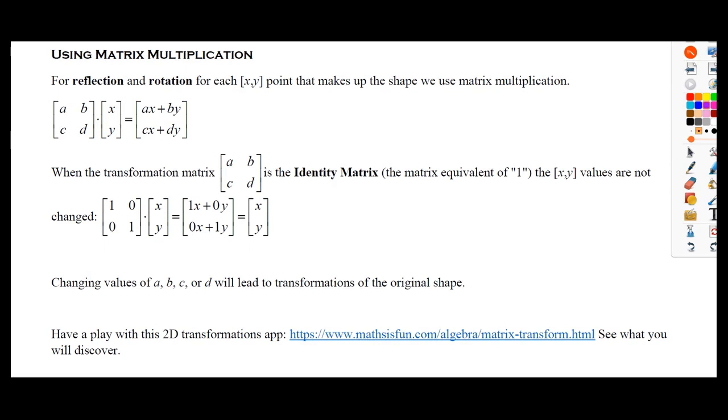Now, using matrix multiplication for reflection and rotation, for each xy point that makes up the shape, we use matrix multiplication. When the transformation matrix is the identity matrix, the matrix equivalent to 1, then the xy values are not changed.